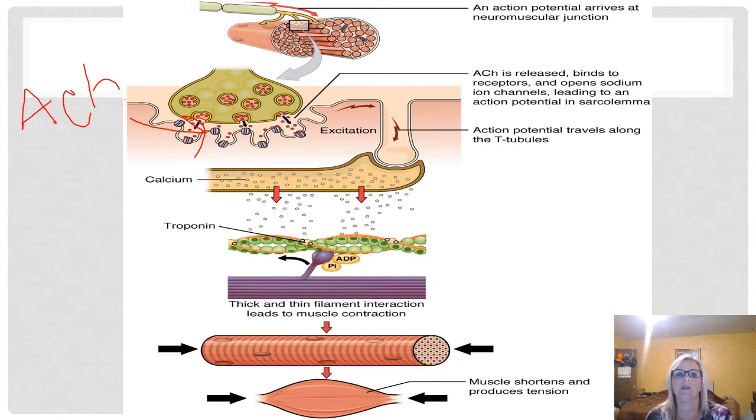So it's released and then it binds to the receptor on the other side, right, which causes those sodium ion channels to open, and then calcium is released, which will go and uncover the troponin, which will then cause the tropomyosin to uncover, and then we're going to have the power stroke, okay?